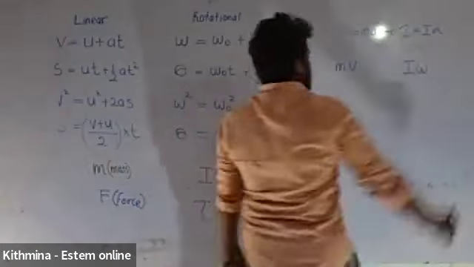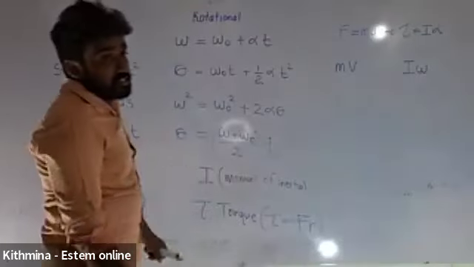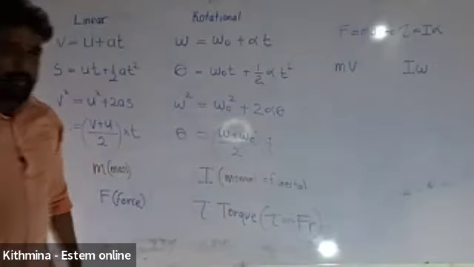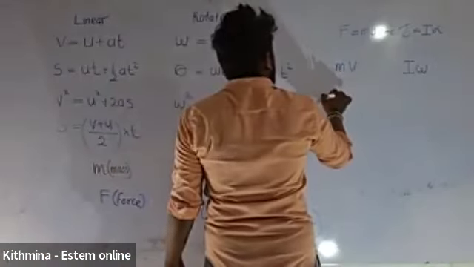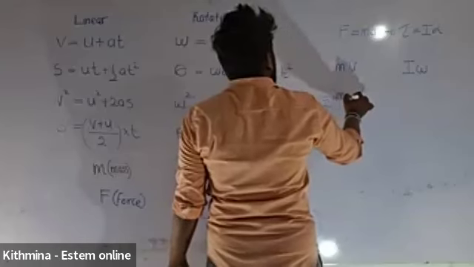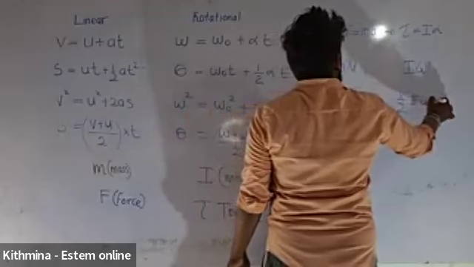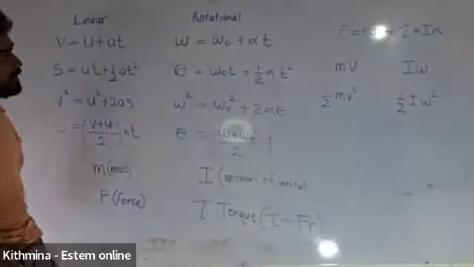I into omega, because mass corresponds to moment of inertia in rotational motion. Then linear kinetic energy, and this is rotational kinetic energy, half I omega squared.